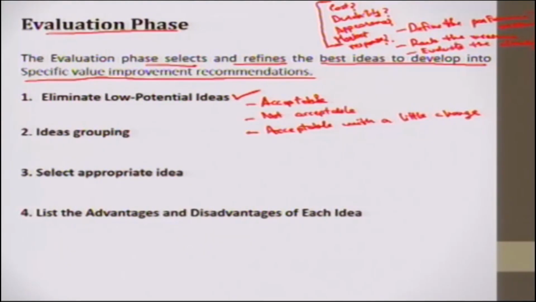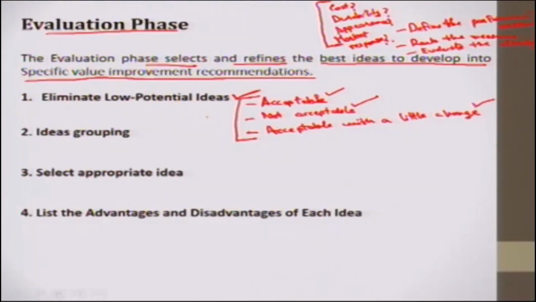So all the ideas are put into one of the categories. Is the idea acceptable, or is the idea preliminarily not acceptable, or is the idea acceptable with some change. So eliminate low potential ideas here.